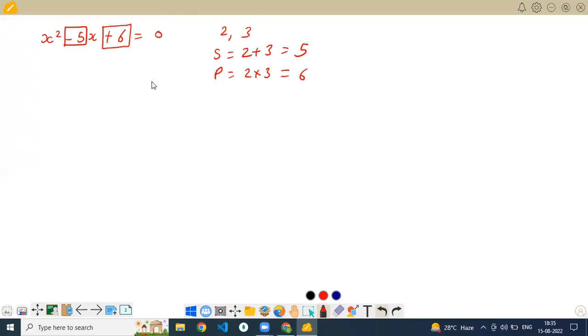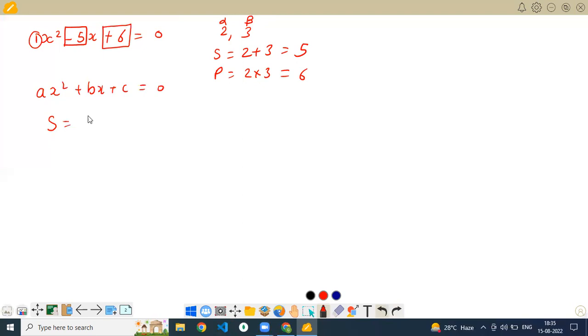So if a is 1, here the a was 1 actually. Otherwise, we can say that if this is a quadratic equation ax square plus bx plus c is equal to 0, then the roots, 2 and 3, we call alpha and beta.